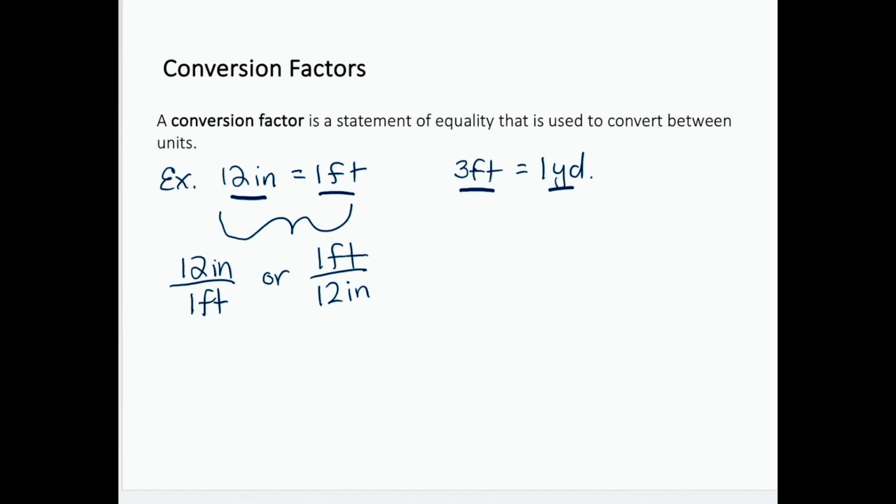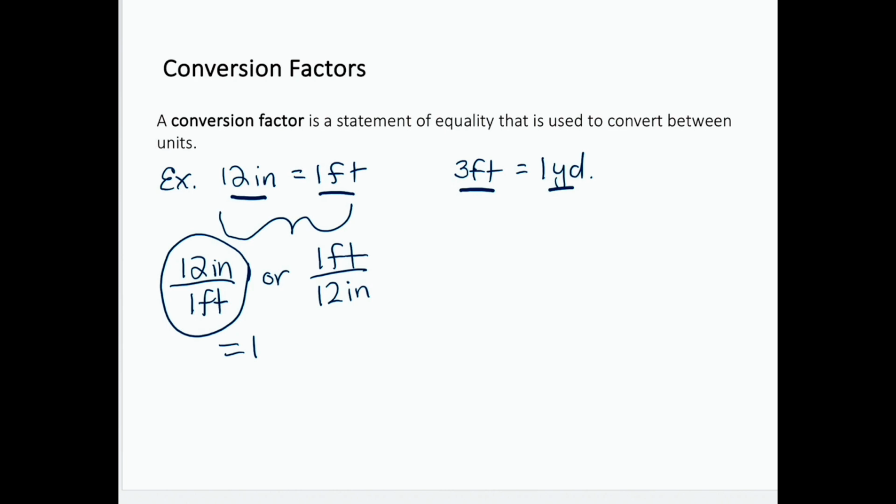And although they don't look the same on the top and the bottom, we know that they're the same. 12 inches is the same length as 1 foot. And when we have a fraction that has the same quantity on the top and on the bottom, we know that this is equal to 1. So if I multiply this fraction by anything, it's not going to change the value of it. It's just going to rearrange the way that it looks.